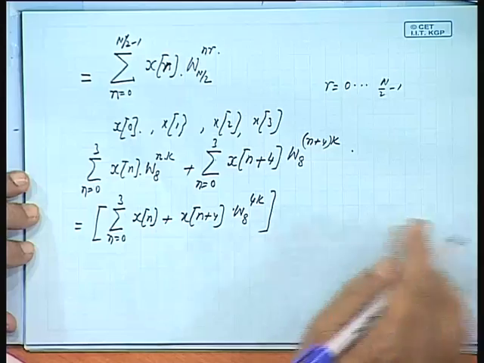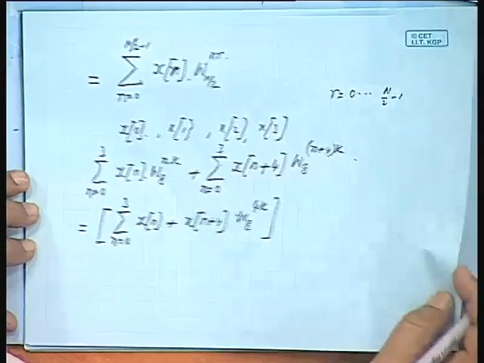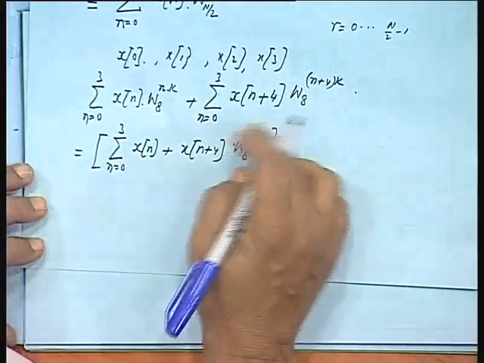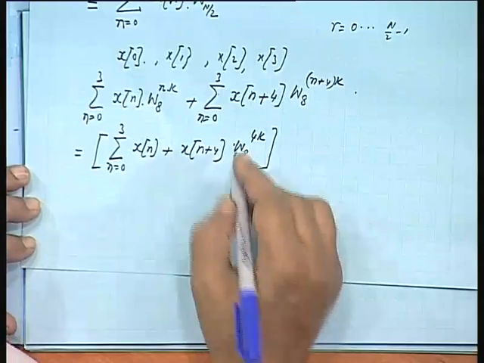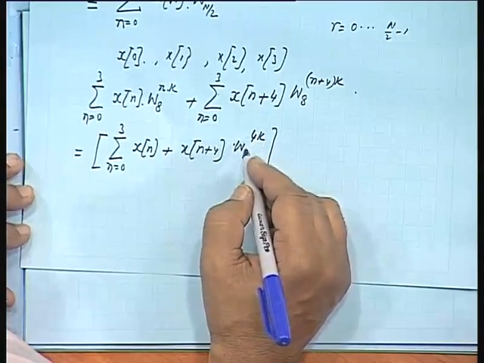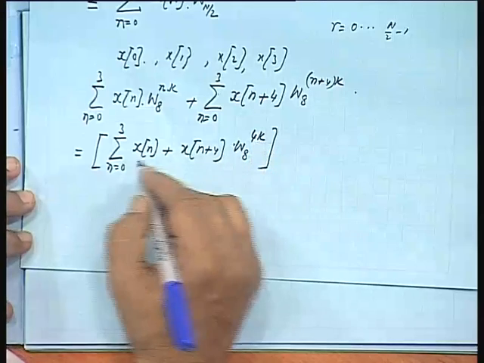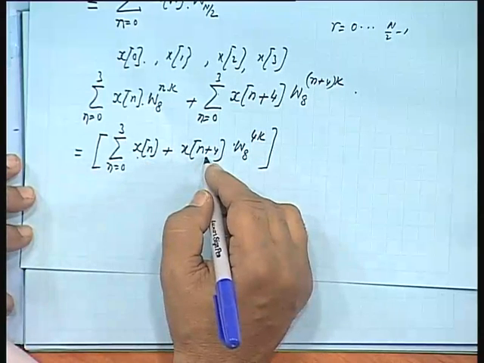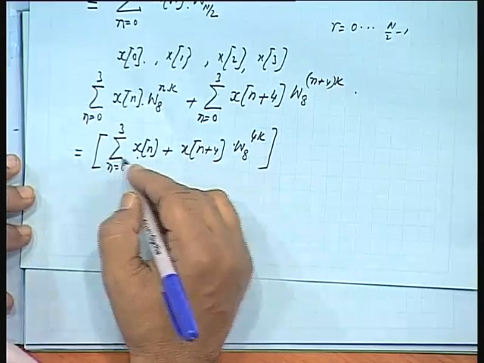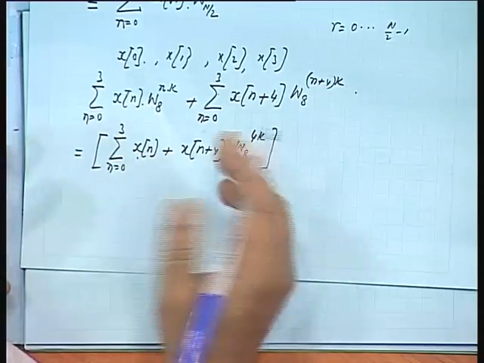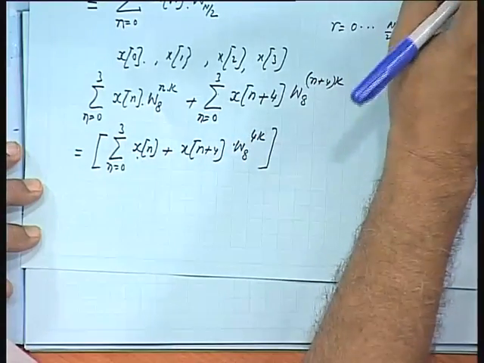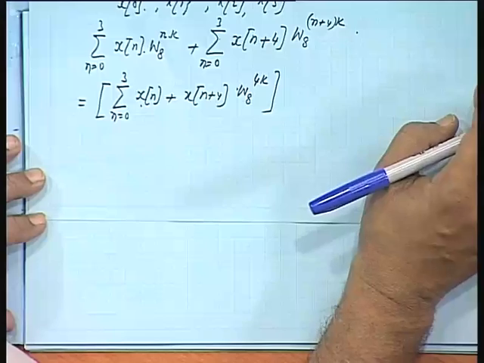Obviously, W 8 4 is minus 1. So, in the first phase it will be just minus 1 to the power k. So, it is x n plus x n plus 4, or x n minus x n plus 4. So, alternately it will be changing signs depending on k.